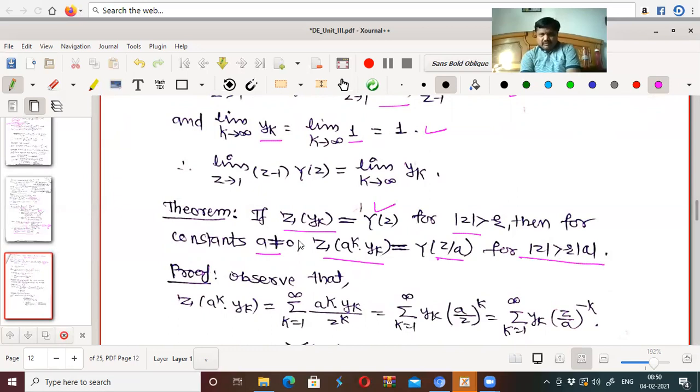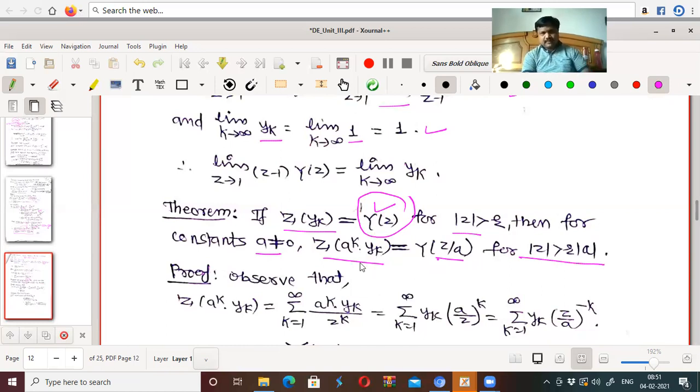Now what does this result say? If we know the z transform of y_k, then you can find the z transform of y_k multiplied by a to the power k. And what will that be? Only replace z by z by a in this original z transform.